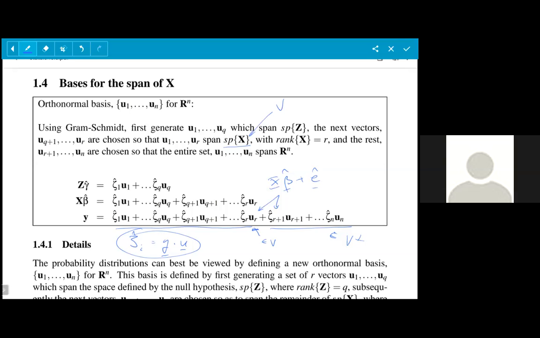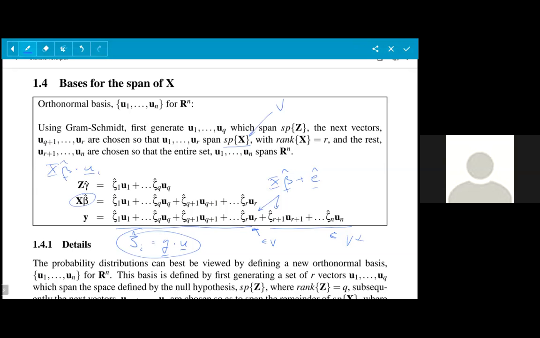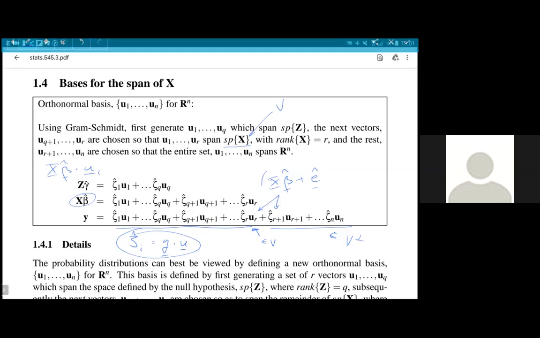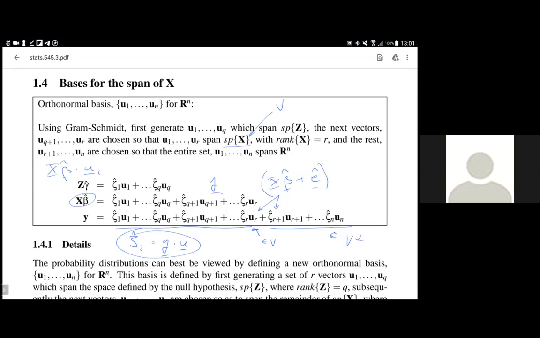Now then, of course, if we write X in this basis, the coefficients of X beta hat are going to be UI X beta hat inner product with UI, if you like. But the coefficient of Y in the same system is Y itself, inner product UI, as we said before, and that's equal to X beta hat plus E hat inner product UI.